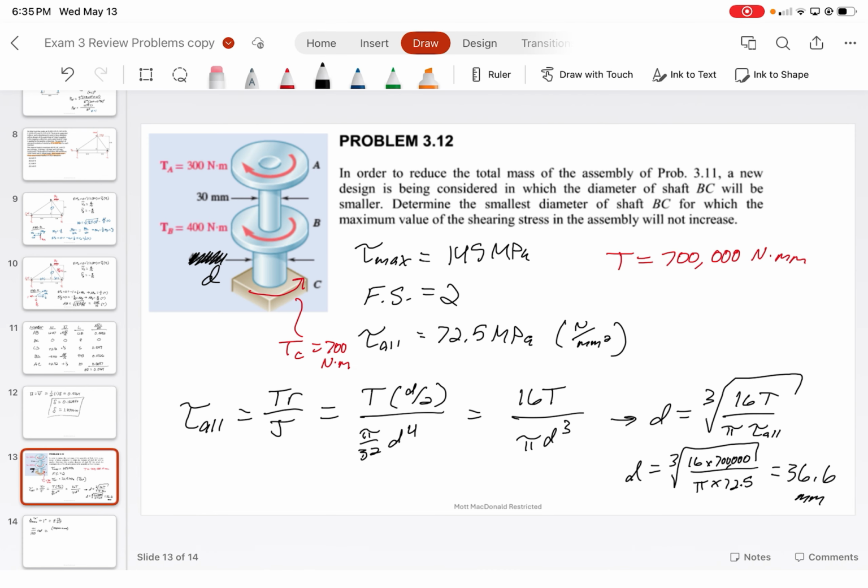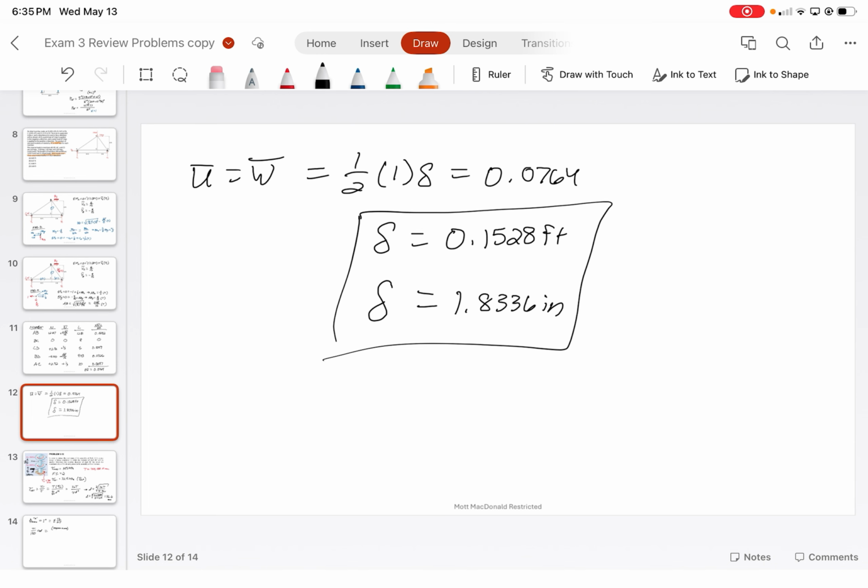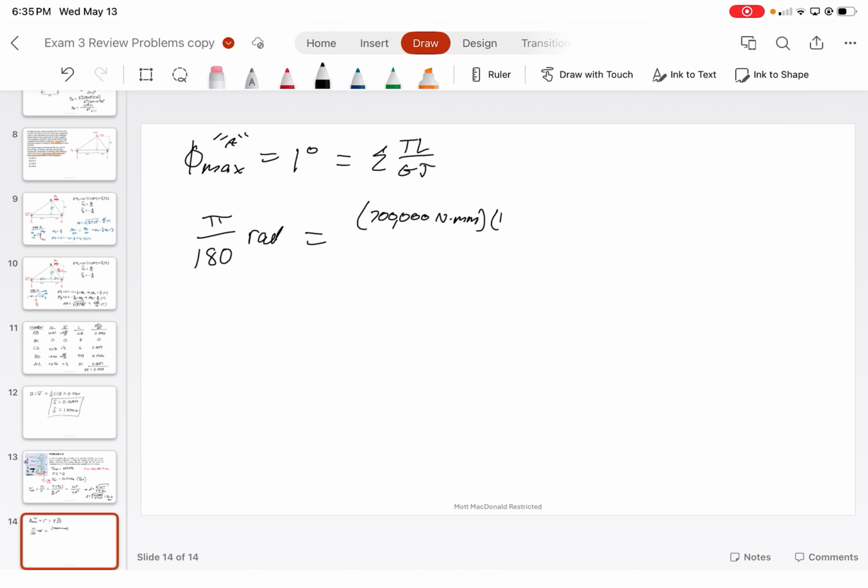I don't know. Let's assign some random values. Let's say that this is like 100 millimeters, and this is 100 millimeters also. All right, so 100 millimeters divided by G, which you would need to be given that, so it would be 77,200 newtons per millimeter squared.